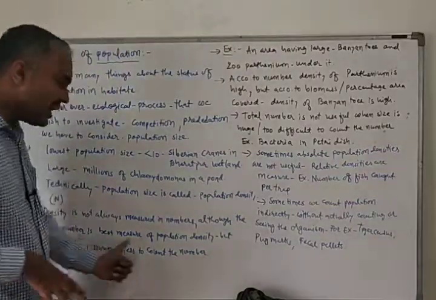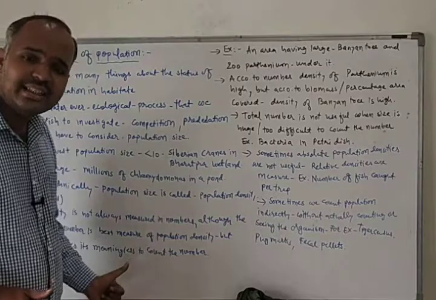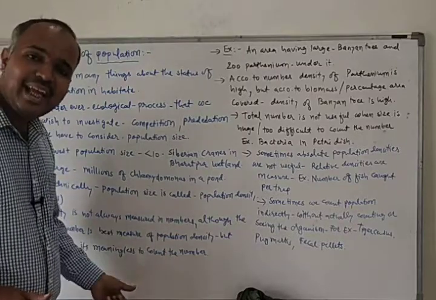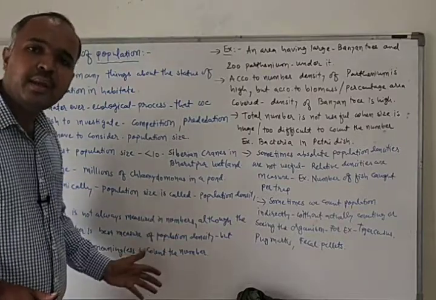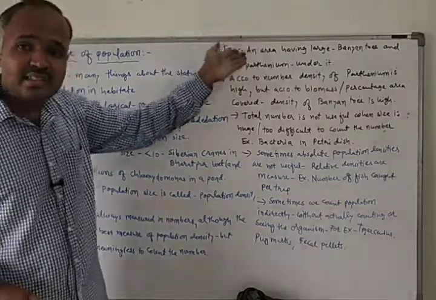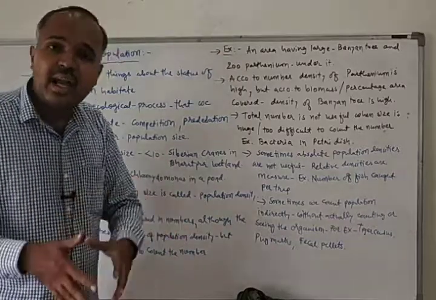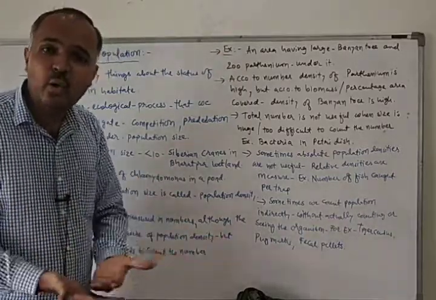So here we said that although the total number is important to measure population density, sometimes it is meaningless and sometimes it is too difficult to count. The example is an area with a large banyan tree and 200 parthenium plants growing under it.